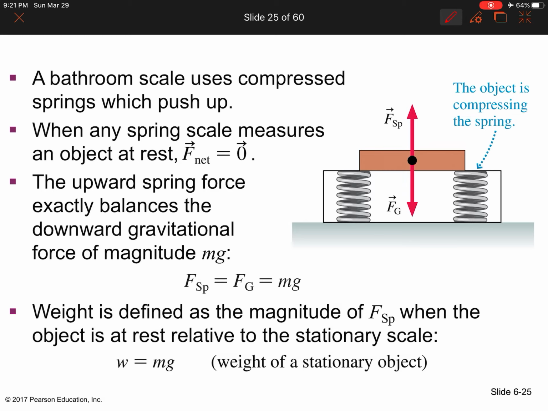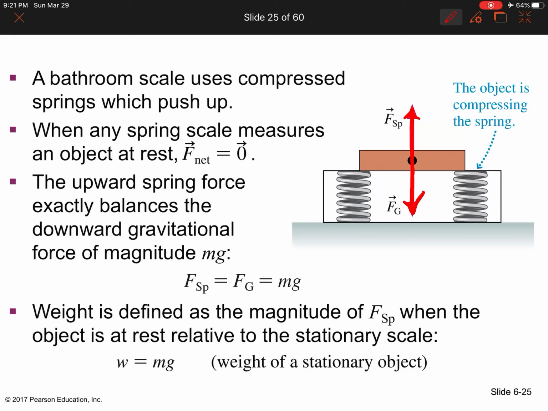Okay, so this is saying that a bathroom scale uses a compressed spring, and so the spring is actually pushing up. When you get on the scale, you push down, you compress those springs. So when any spring scale measures an object at rest, the net force is equal to 0.